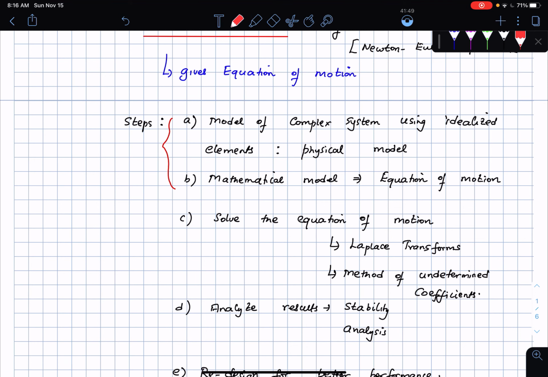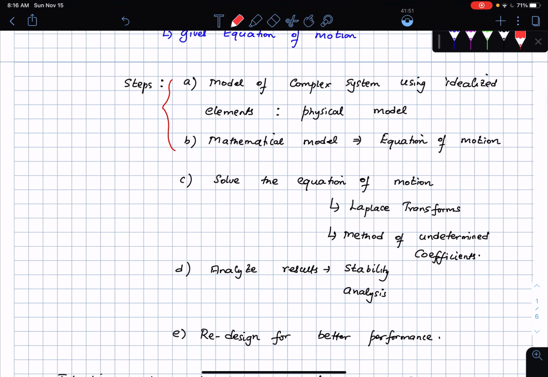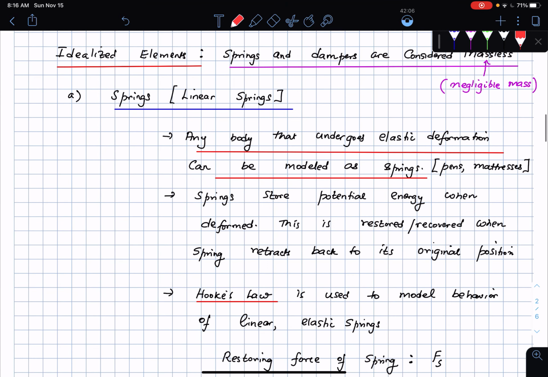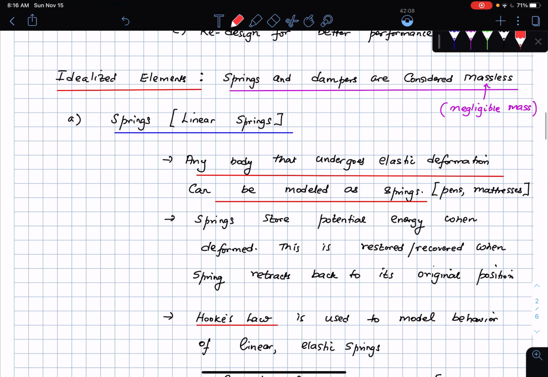The typical steps: you model the system using idealized elements, then you come up with a mathematical model which gives you the equation of motion. You solve the equation of motion, analyze the results, and then go back to redesigning it for better performance if necessary. Idealized elements are called idealized because they are considered massless.